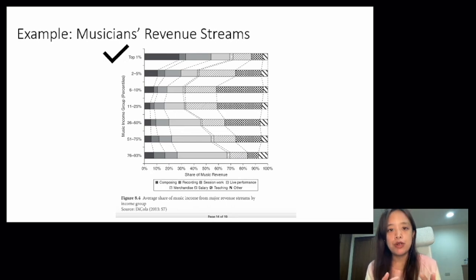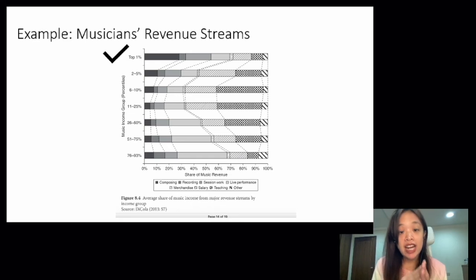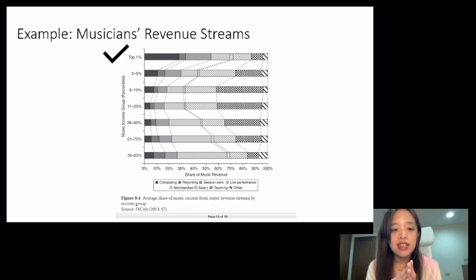I want to give you an example of symbol creators' revenue streams, and how we have to specifically take a look at which stage their career is at, and how well they do in terms of which income group they are in, because where their streams of income come from changes a lot, even though they might all be facing an environment full of casualized work, short-term contracts, and project-oriented work conditions.